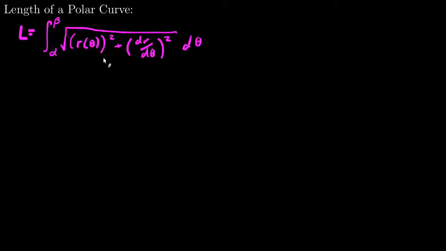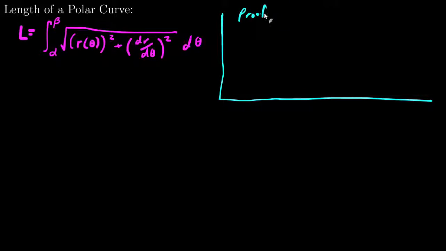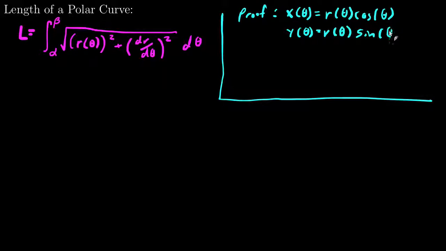Now you can relatively easily prove this. The proof can come from the fact that we know that x in terms of theta, the Cartesian x, will be r of theta cosine of theta, and y will be r of theta sine of theta.